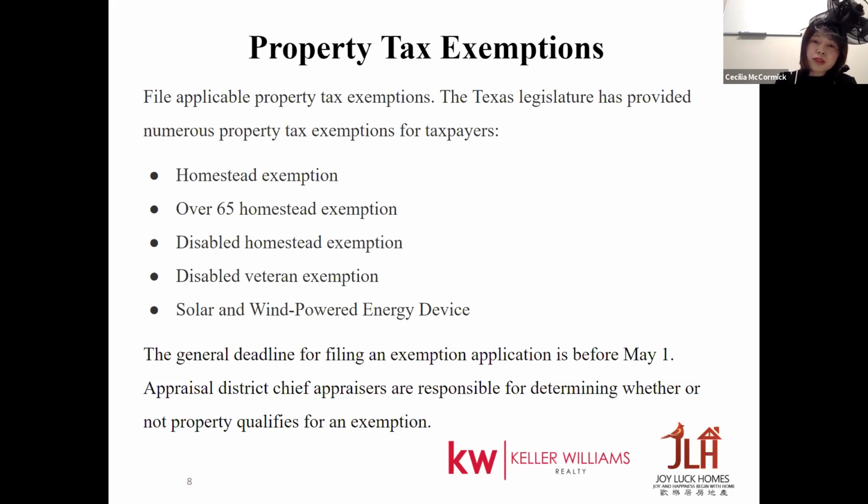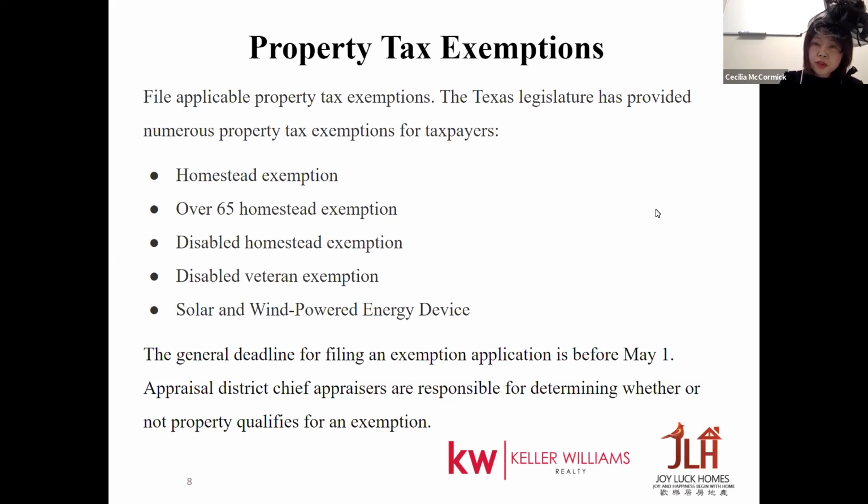Some appraisal districts also look at whether you have energy efficient features in your house. So for all these things, you can go to the appraisal district website and see what you qualify for. And when you're actually filling out the exemption form, you can choose among all these options.